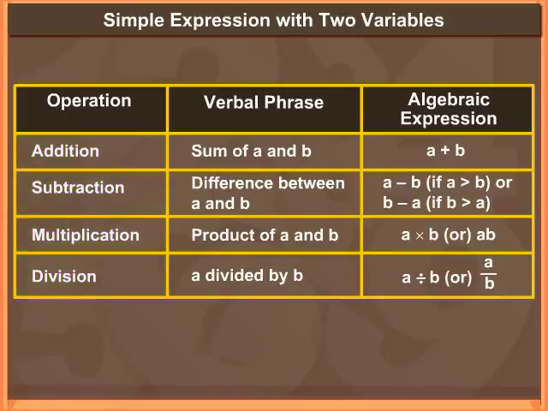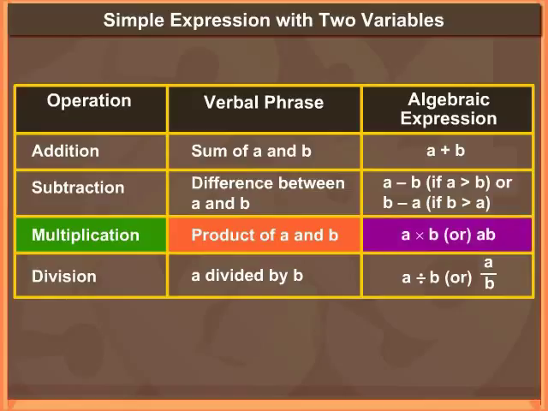In the first row, we can see that for addition, the verbal phrase is sum of A and B, which can be translated into the algebraic expression A plus B.